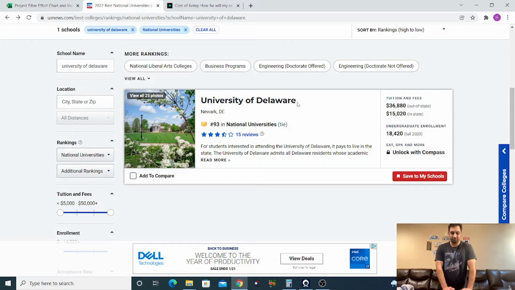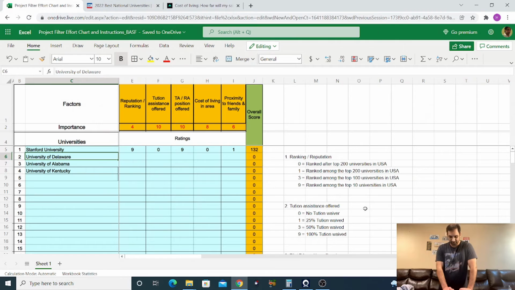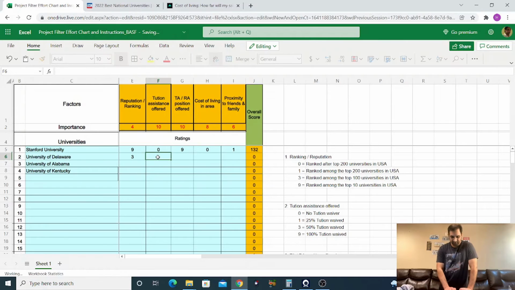It's a very good school, not too far from Stanford, in my opinion, but some others might differ. Anyway, so it's 93. So let's go back to our spreadsheet here. So 93 gives it a rank of 3 here on this factor.